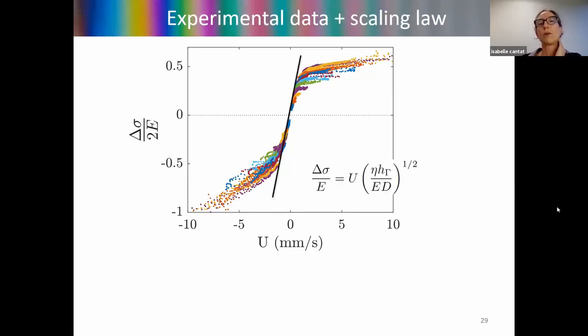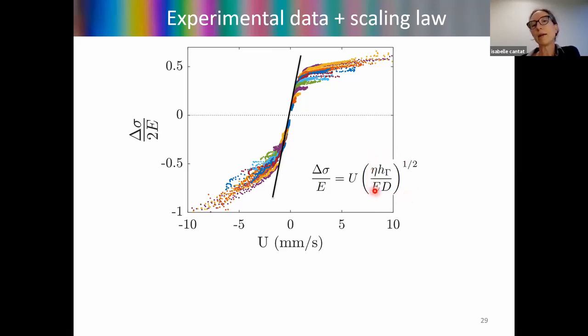So the prediction we got in scaling laws is pretty simple. It's simply a linear relationship between the tension and the velocity. So we can just put this linear law here. The important point is that we know all these parameters.